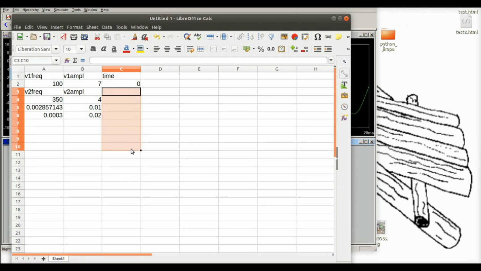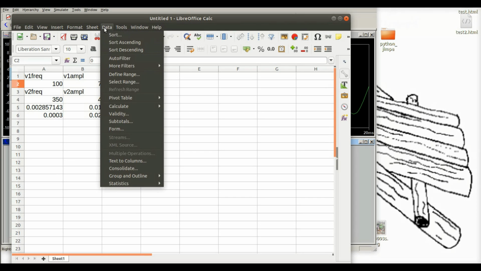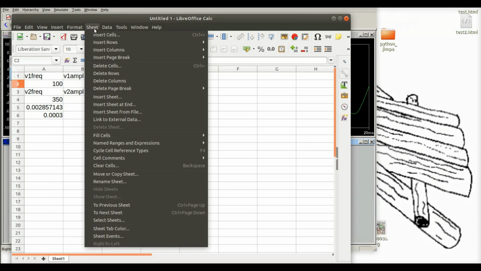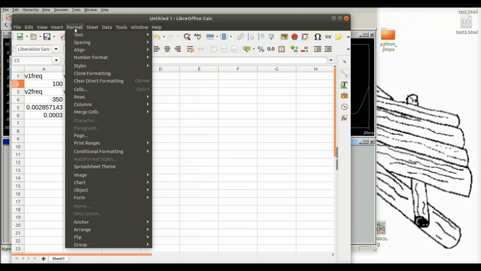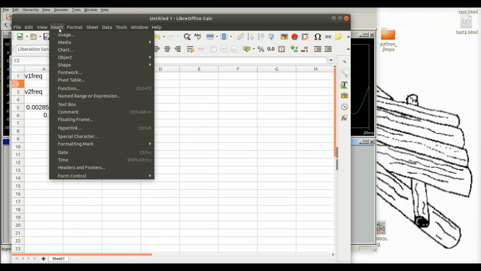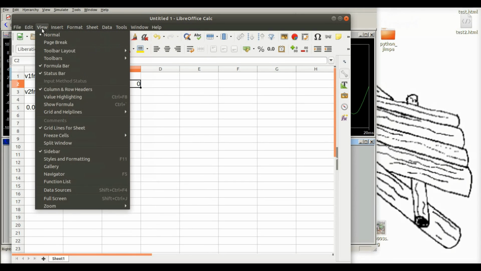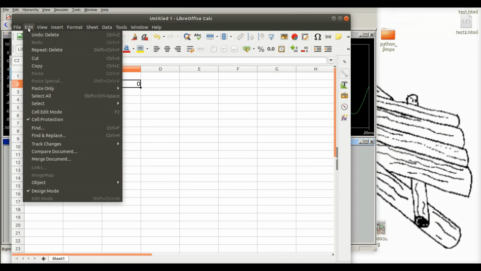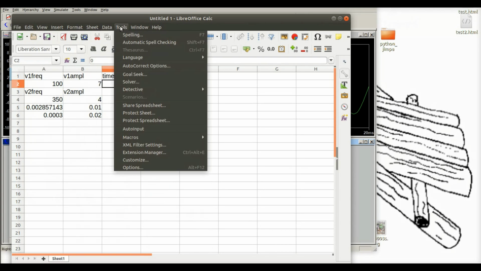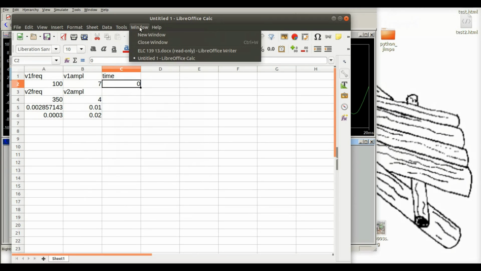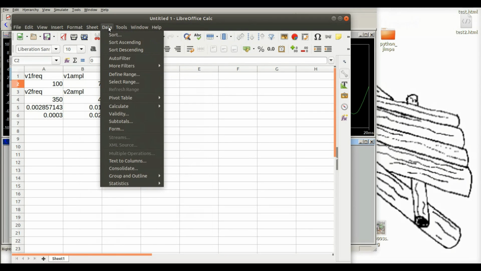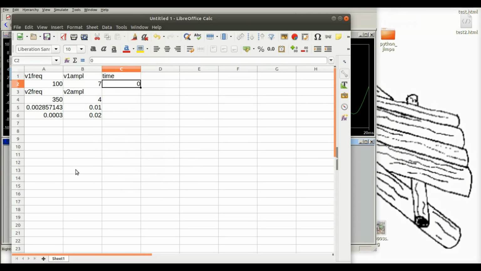I'm going to look a minute to see if I can see the fill cells. I think it was under sheet and I missed it. I'm thinking it's maybe in data. No. Oh well, this is a better way to do it.